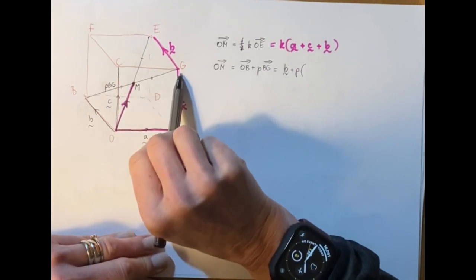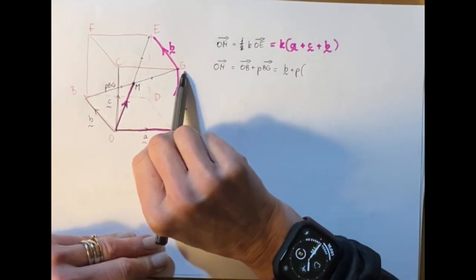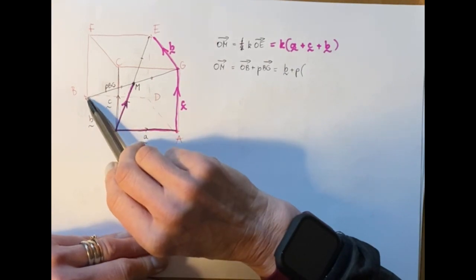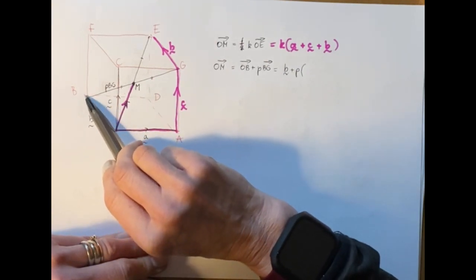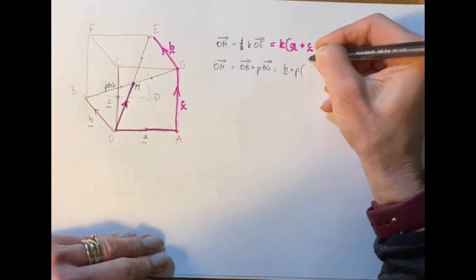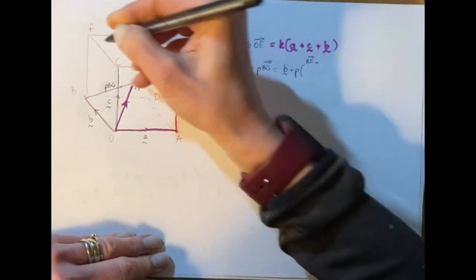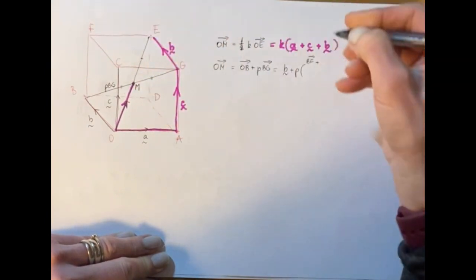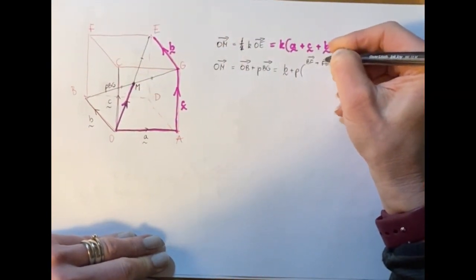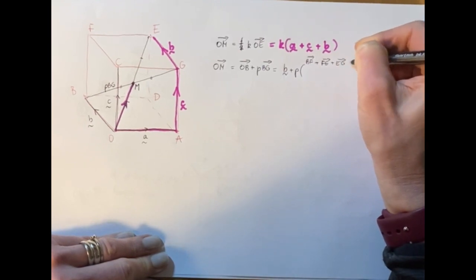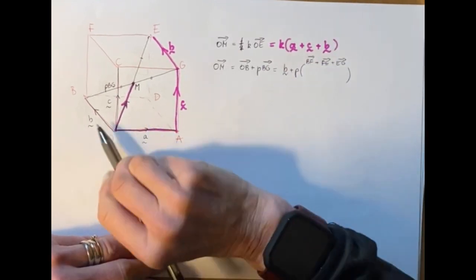So BG, how do I get from B to G? So to get from B to G, I can actually use these sides here. So I could go along BF. I'll put it on the top here because I haven't wrote it before. I can go along vector FE, and then along EG. So what are these vectors in terms of our little letters?